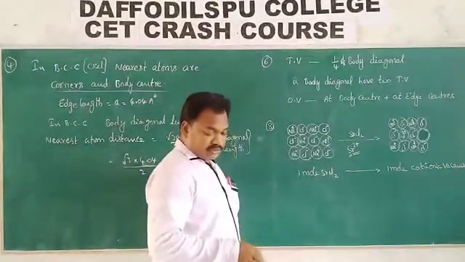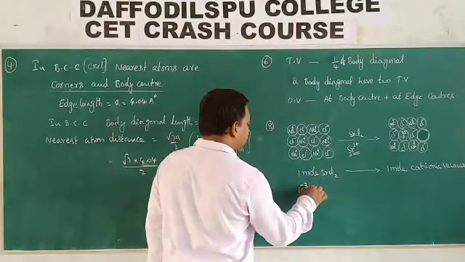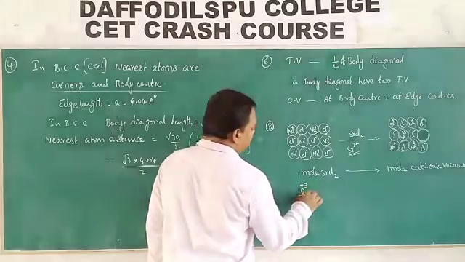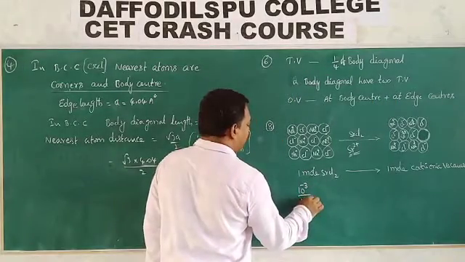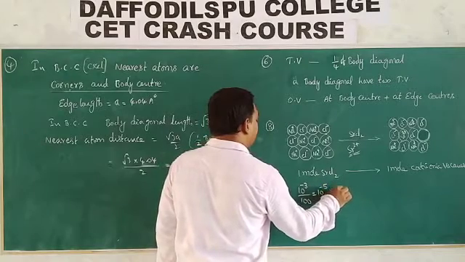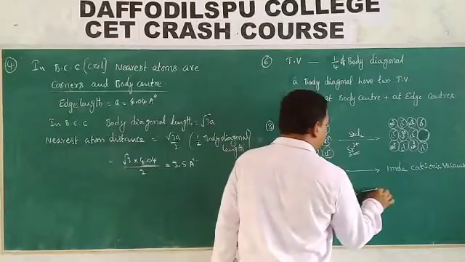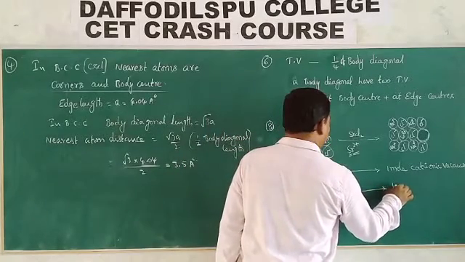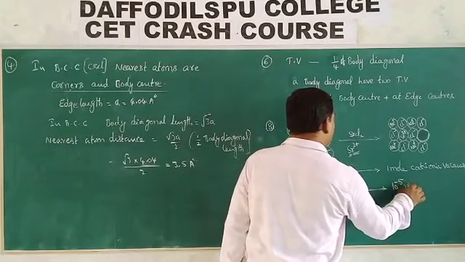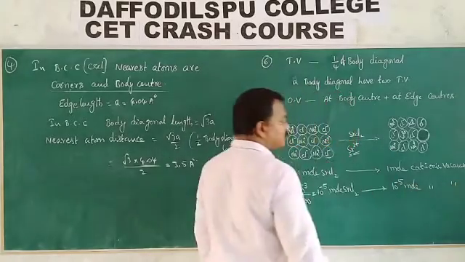10 power minus 3 mole percentage. That is, 10 power minus 5 mole SrCl2 will give 10 power minus 5 mole cationic vacancies.